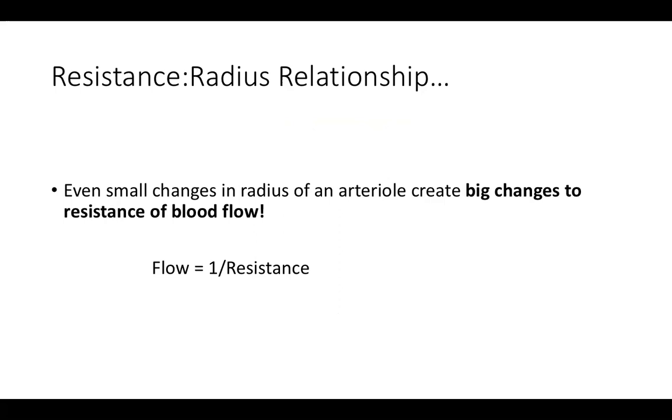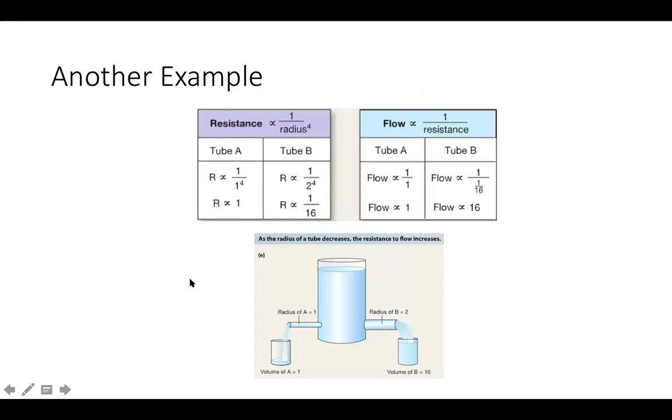And if we look at the relationship, the higher the resistance, the lower the flow. So flow and resistance are inversely proportional to each other. If you have a very low resistance, you're going to have a very high flow. You have a very high resistance, you're going to have a very low flow. And so we can look at an example here. Imagine you have a container of water and a tube system with a radius of 1.